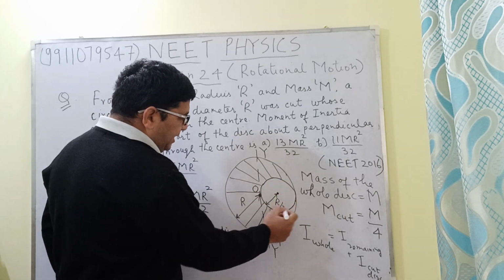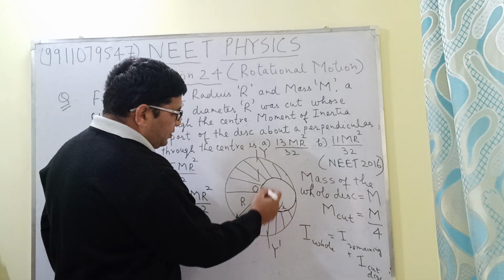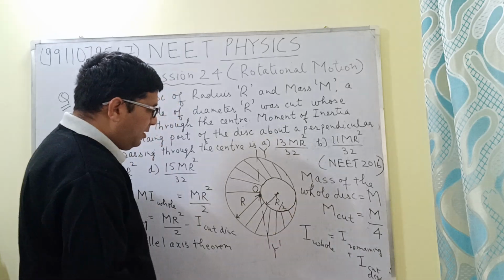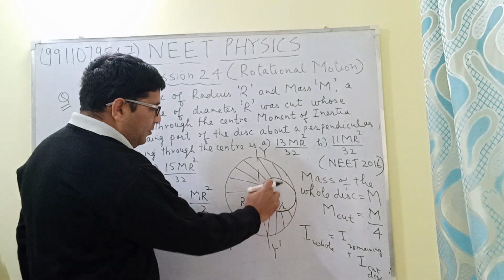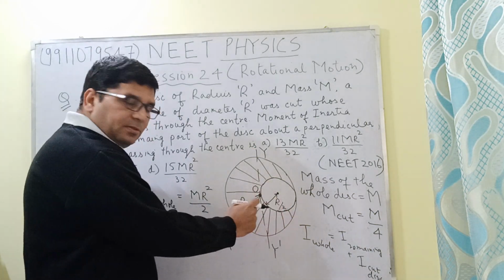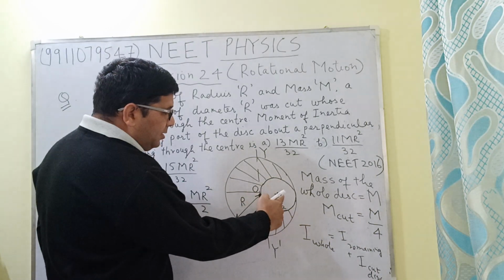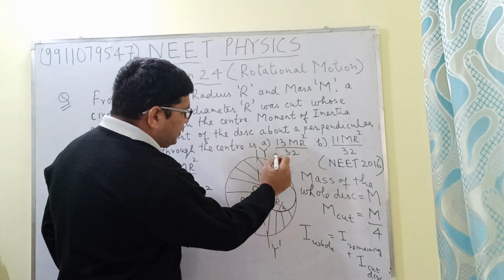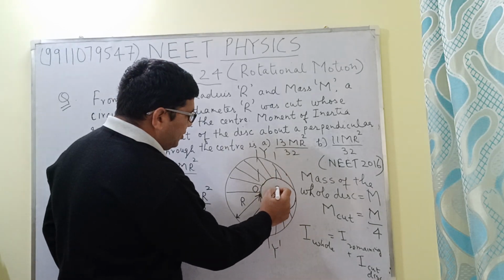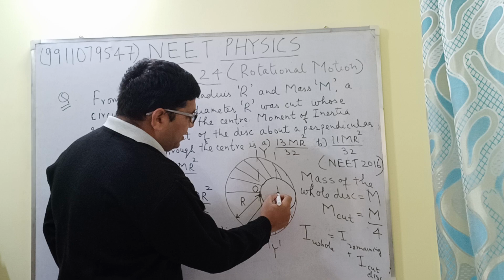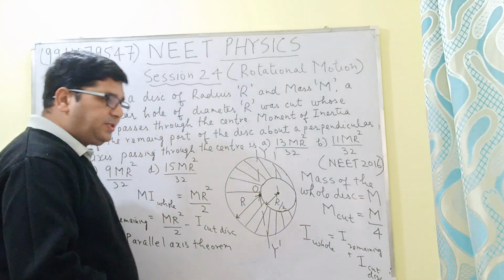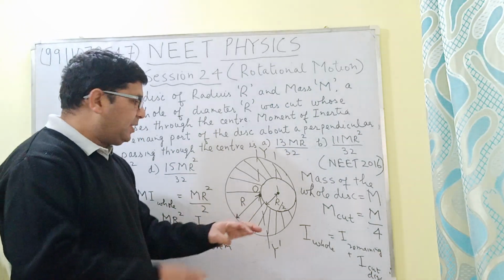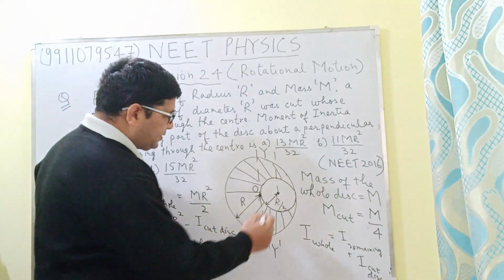Now, in this case, if you just see this disk, the moment of inertia of this disk about an axis which is passing through the center of mass. What is the center of mass? The center of mass is that point at which all the mass of that particular object is concentrated.